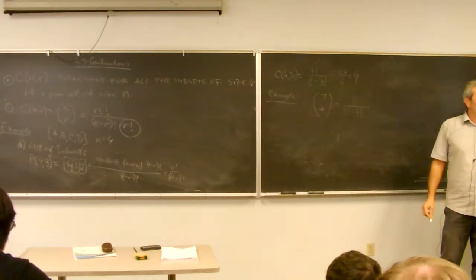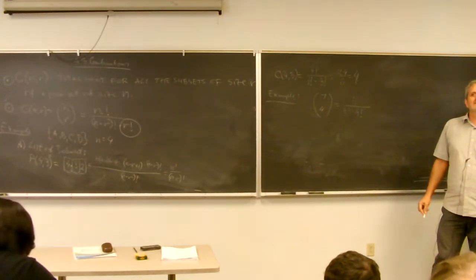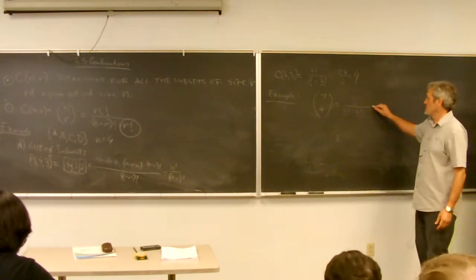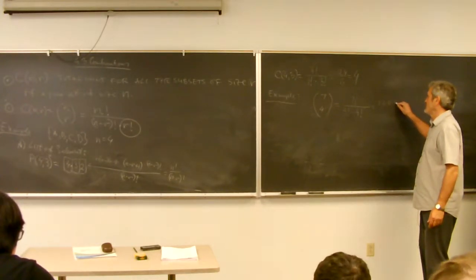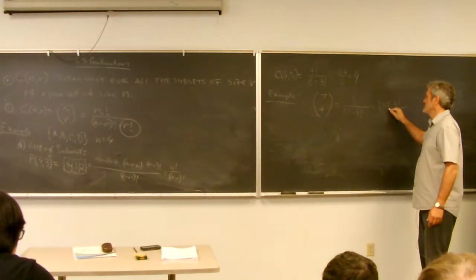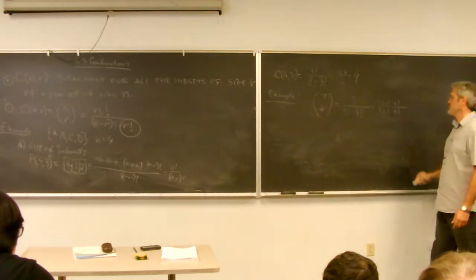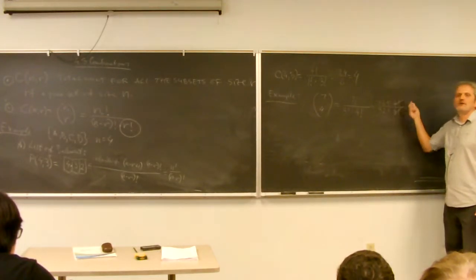But then what happened? This 4 factorial is also contained up there, and we can cancel them. So what can we do? 7 times 6 times 5 times 4 factorial over 3 times 2 times 1 times 4 factorial. So can I cancel 4 factorial?